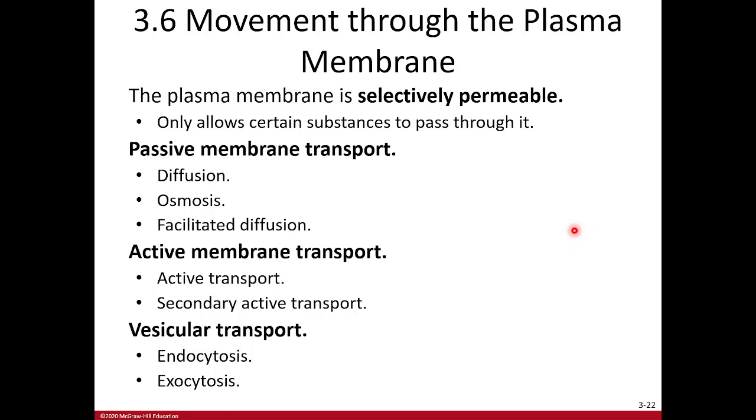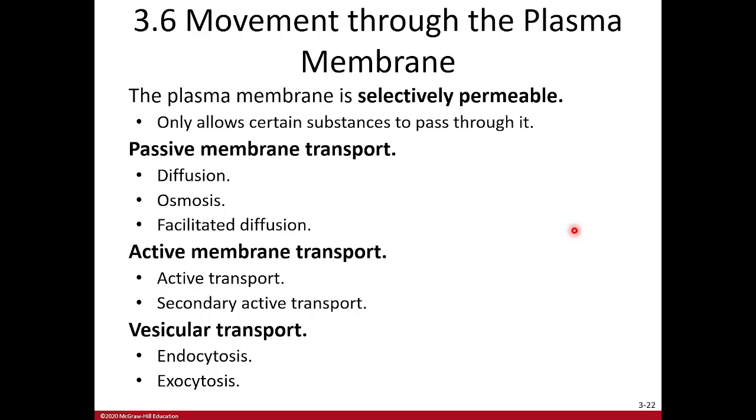Now, the plasma membrane is not completely sealed. It has channel proteins that allow the passage of substances. But since not all the substances can cross through these channels, the plasma membrane is selectively permeable, meaning that it will allow only certain substances to pass through it.